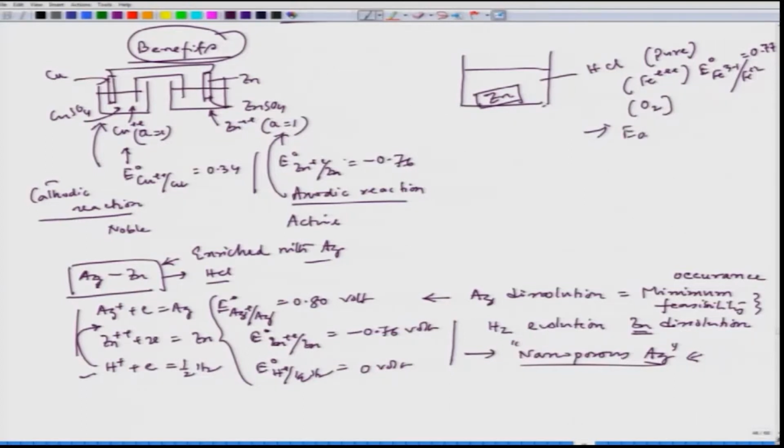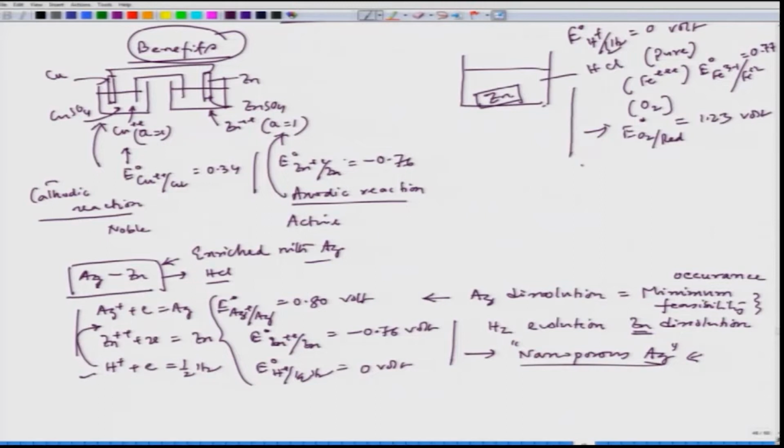So, E0 for oxygen reduction becomes 1.23 if we have unit activities of oxygen, and for hydrogen ion 0 volt, these are all in volt.